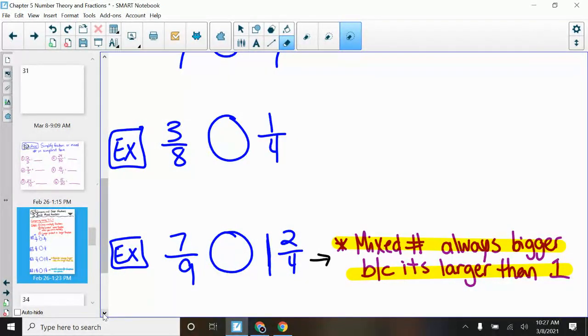Less. We know that mixed numbers are always greater, less, or equal to 1? Greater. So this fraction is always going to be less than that fraction. Do you even need to do anything? No. Now, if you tried to cross multiply this, it would not work, because you can't compare things that don't match. A proper fraction and a mixed number don't match, so you can't use that little trick in that situation.